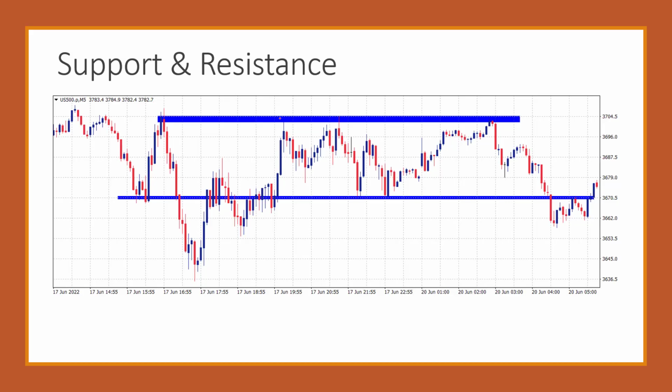Then we had another test there, similar sort of thing. We had a test there, again, similar sort of situation. And we had a test here and came back down. So this is one of the most simple tools that you have, just areas of support and resistance.